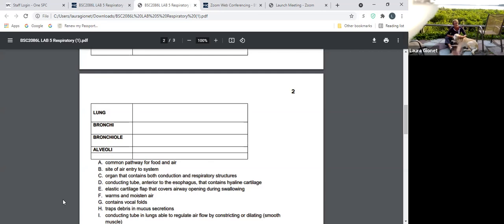C, the organ that contains both conduction and respiratory structures. That would be the lungs. D, the conducting tube anterior to the esophagus that contains hyaline cartilage. That is the trachea. It transports air from the larynx down into the thoracic cavity, but not into the lungs.